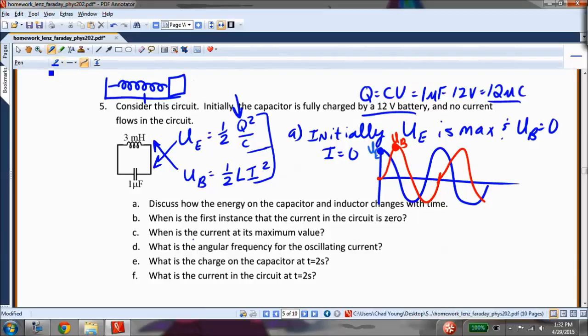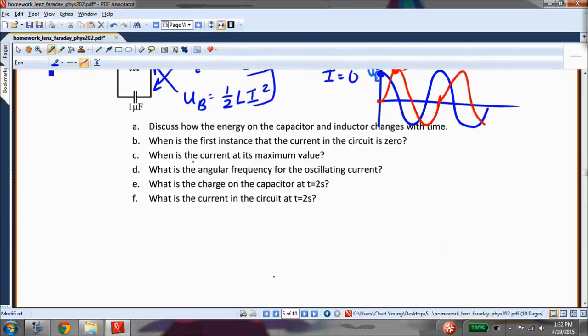Okay, what is the first instant that the current in the circuit is 0? So let's write out that function, this is part B. The function for the current, I, this is the current at any time, is equal to I max, that's the amplitude of the current, times sine omega t.